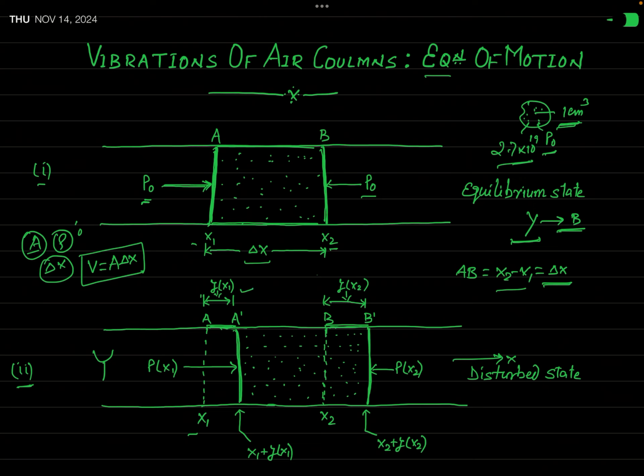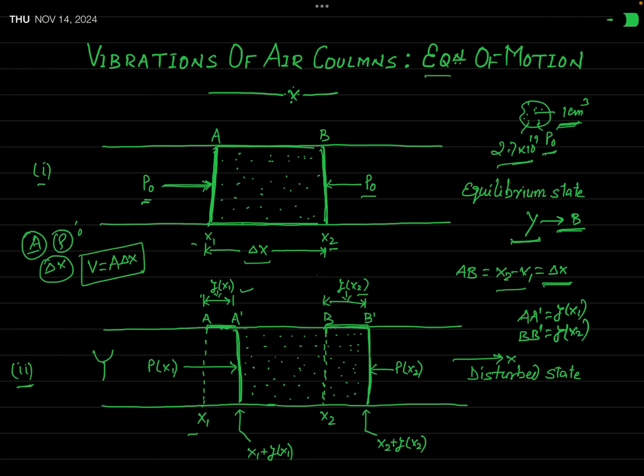This is the displacement of section A at any time t, when the disturbance has been produced in this gaseous column. Similarly, y of x2 is the displacement of section B. It means when B is displaced to B dashed, it suffers a displacement y of x2. So A dashed is at a distance y of x1, and B dashed is at a distance y of x2.